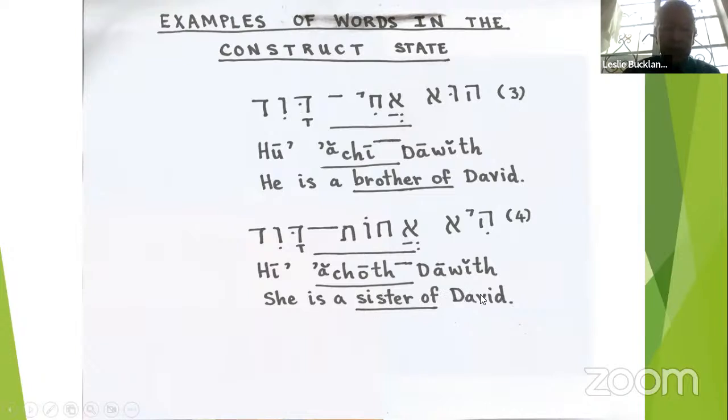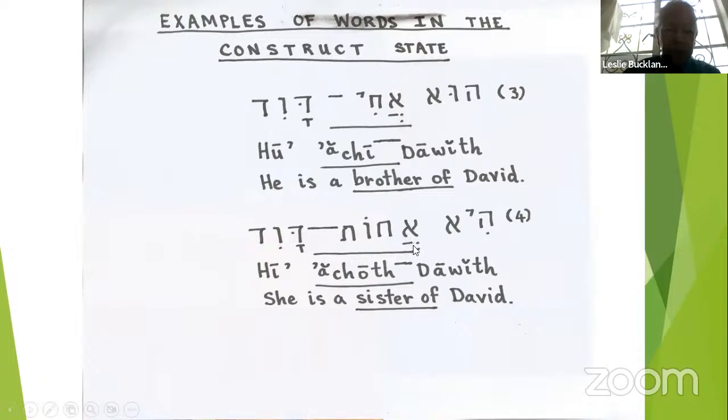She's a sister of David. So sister, achot, is now not in its absolute state. It's not standing by itself, because there are other words that are added to it to describe the relationship between this person and David. She's a sister of David.